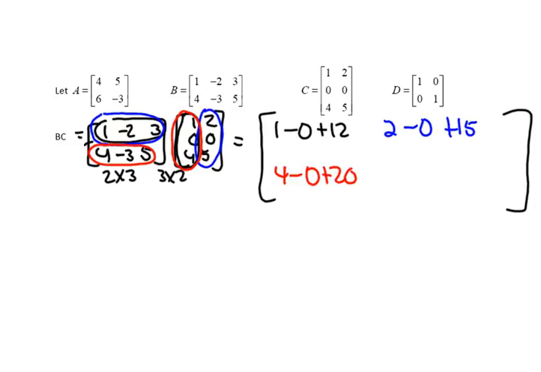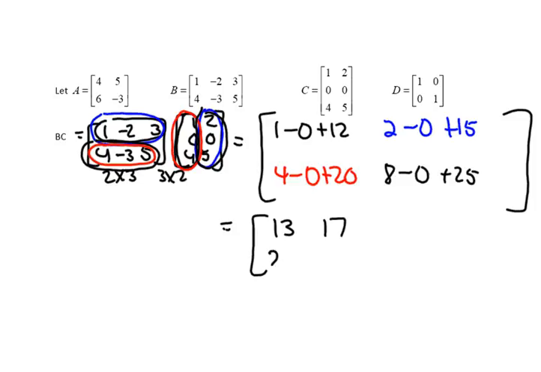And now I'm going to go to the second row with the second column. Add them or subtract. And indeed, we do have a 2 by 2 matrix to finish.